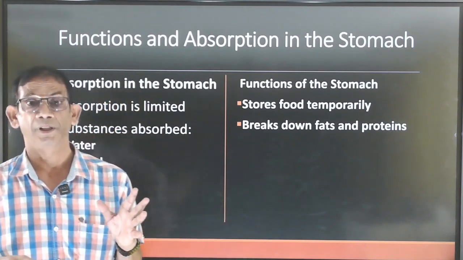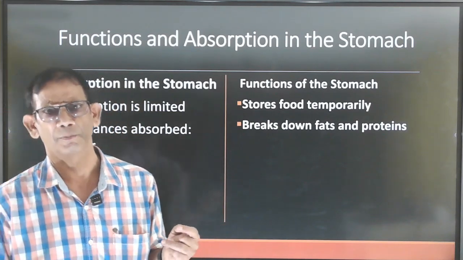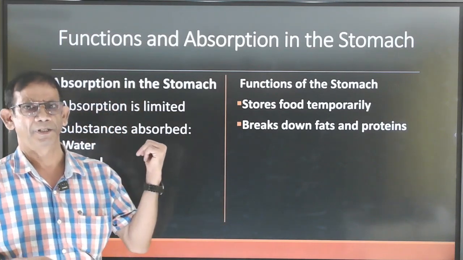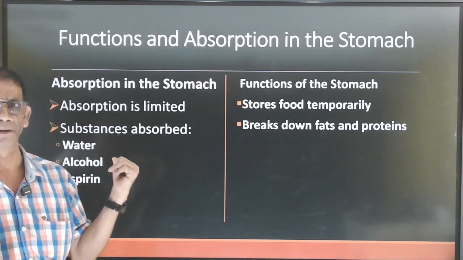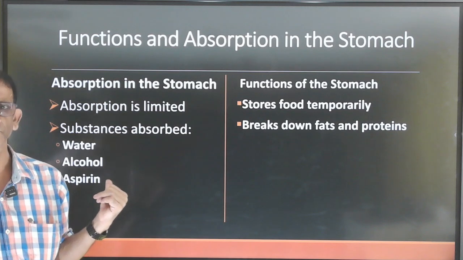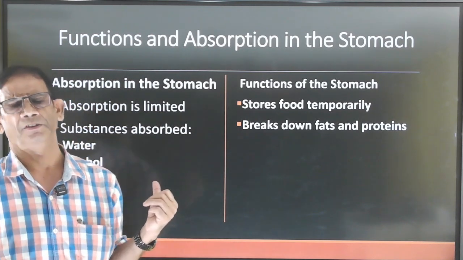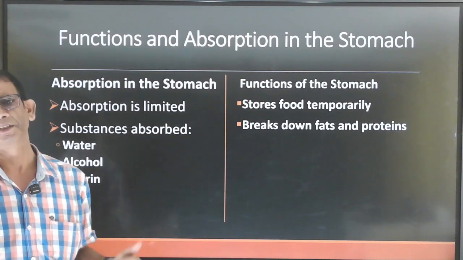Now, what are the materials absorbed by the stomach lining? These are particularly water, then alcohol, and some types of medicine like aspirin, etc.